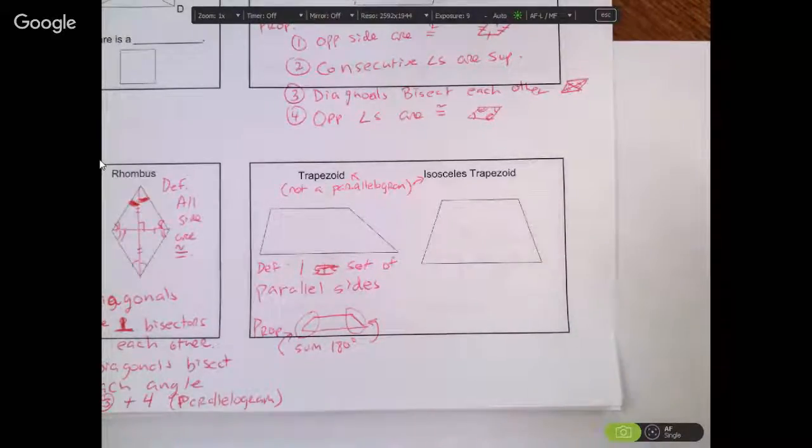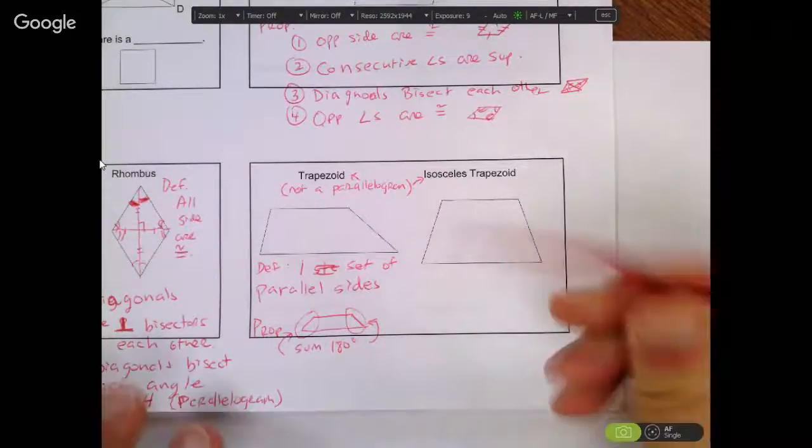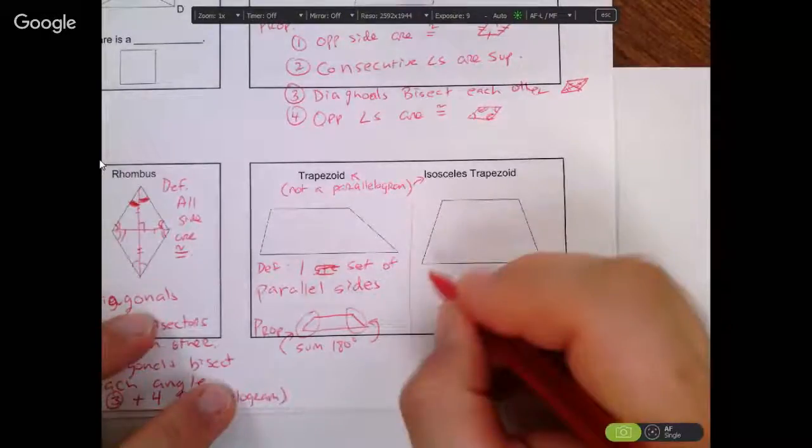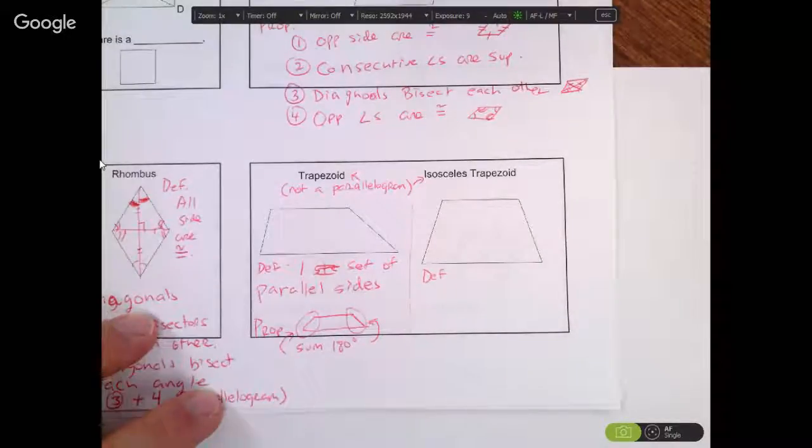I don't think a trapezoid had many other properties. You have to write the same thing for an isosceles trapezoid. What's the definition of an isosceles trapezoid?